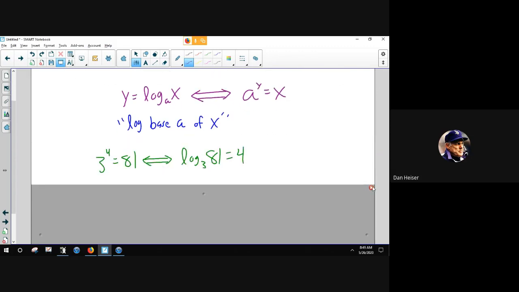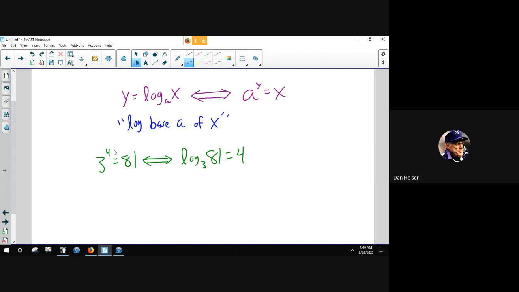Here's a little more concrete example. 3 to the 4th we know is 81. How do you write that as a logarithm? Log base 3 of 81 equals 4. In other words, some power of 3 gives me the value 81. What is that power?